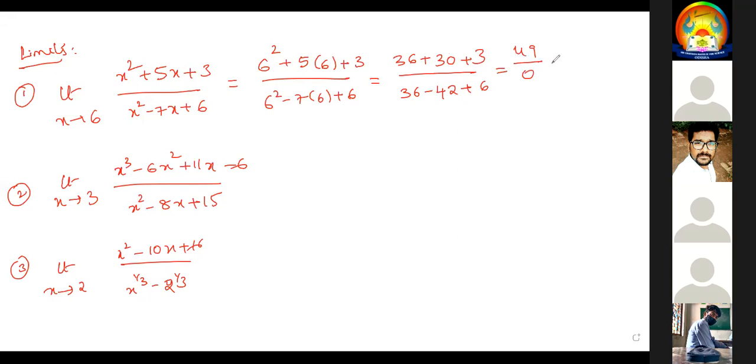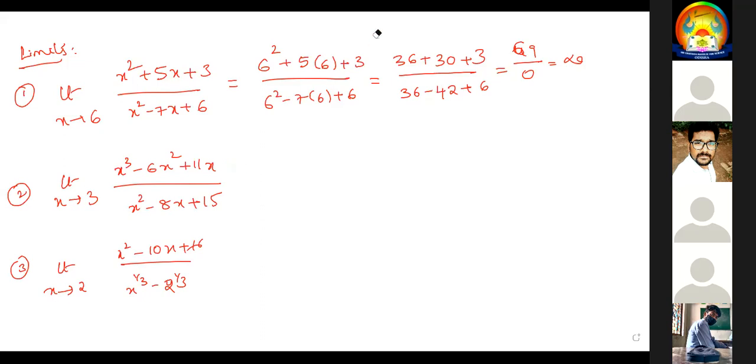What will we say? We'll say undefined, infinity. If it is 0 by 0 there is a problem, but anything by 0 is undefined, no problem.